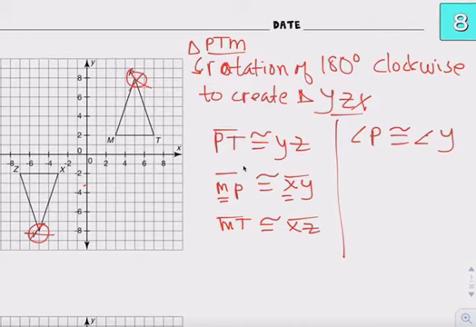Angle X is congruent to angle M. And angle Z is congruent to angle T.